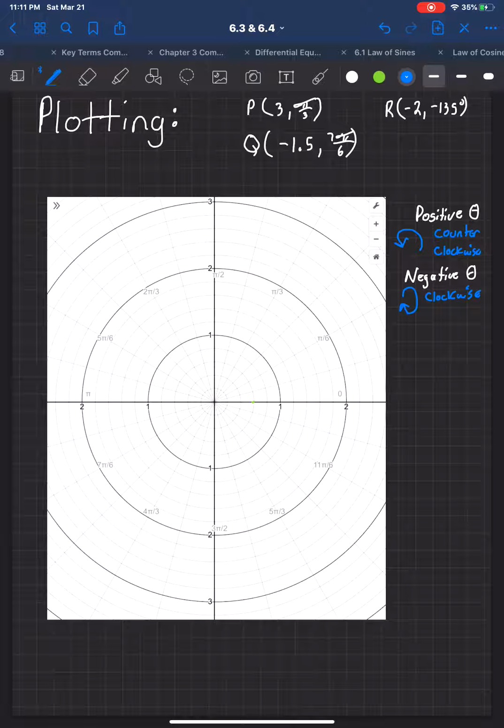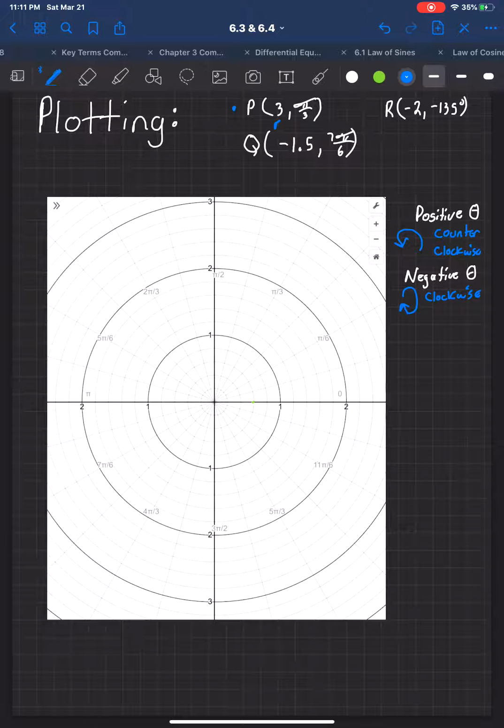All right, well, I didn't quite get all of the circle with radius 3 inside my little box, but I think we'll be okay. So the idea is that point P is located a distance of 3 from the origin and an angle of pi over 3.